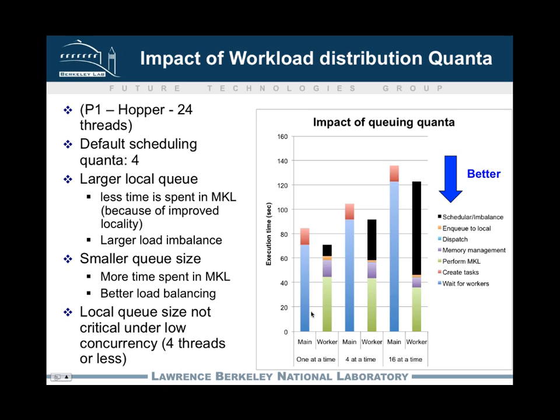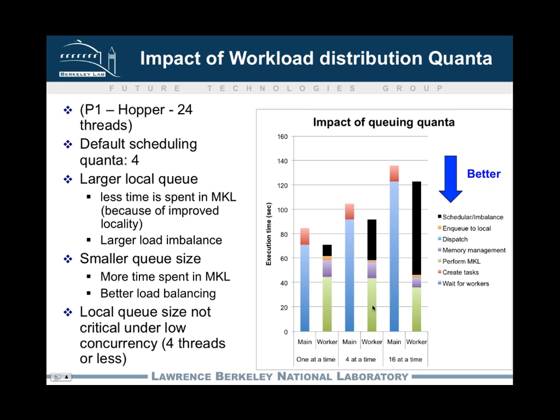The first one is a small quanta, so each worker gets one task and tries to finish executing it before trying to get another task. Here we have 4 tasks at a time, so each worker thread tries to get 4 tasks at a time and then executes them. And here we have 16 at a time.